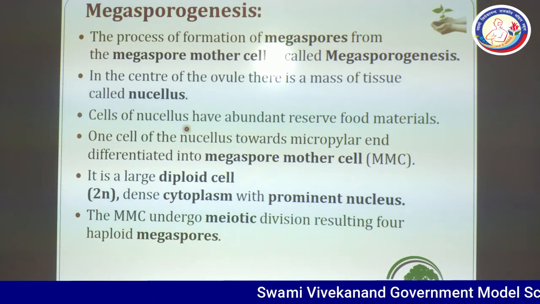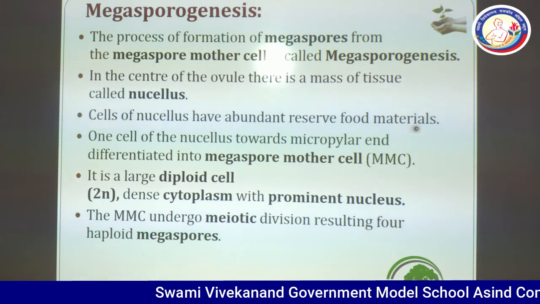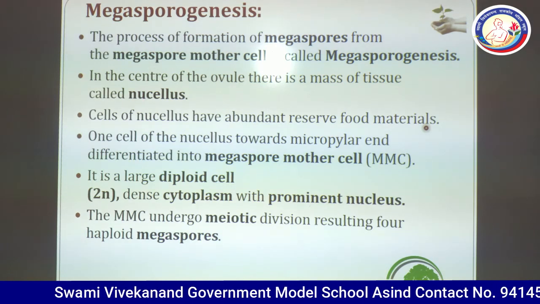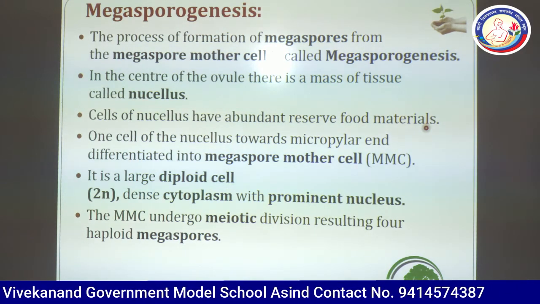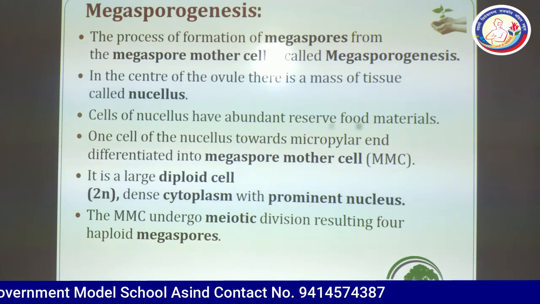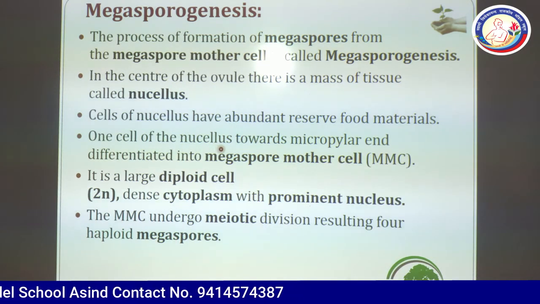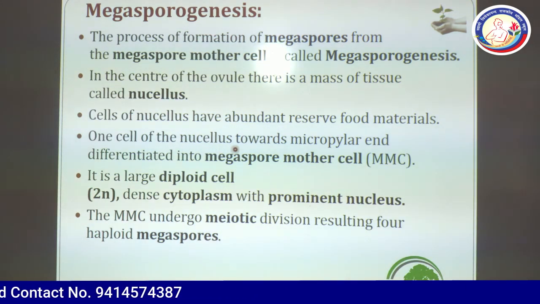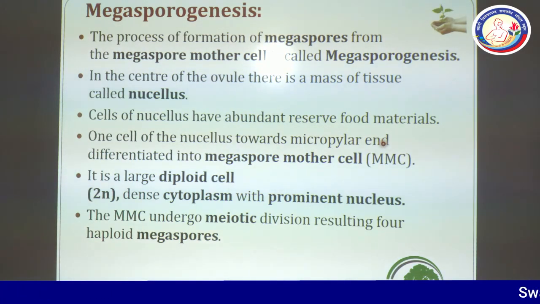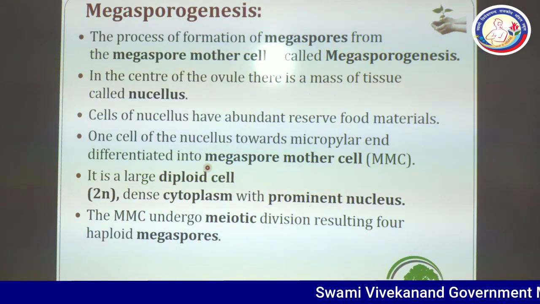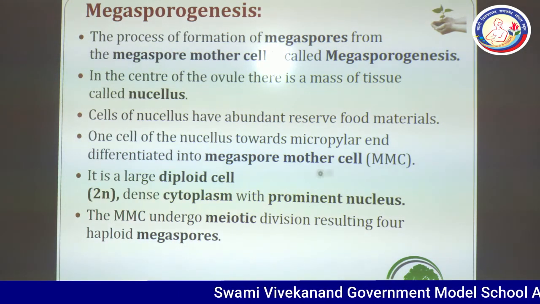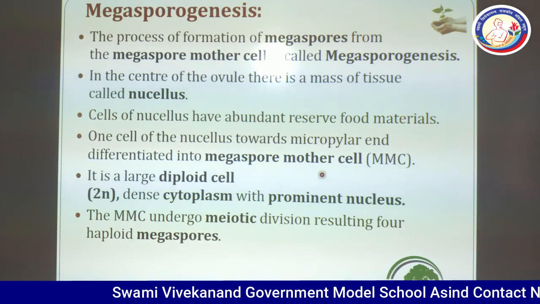Cells of nucellus have abundant reserve food materials. You can see the nucellus is full of nutrients. Any one of the cells of the nucellus towards the micropylar end differentiates into an active cell known as MMC, megaspore mother cell.